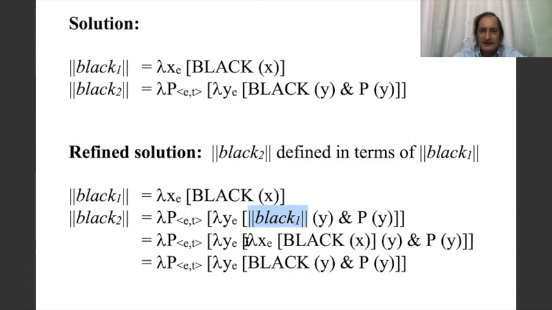That is this. When we apply it to our y as an argument, this y substitutes for this x, and it gives us back black y. Everything else comes down the same, and we end up here with black 2, the same thing that we wanted to have up here in order to combine with the translation of dog.